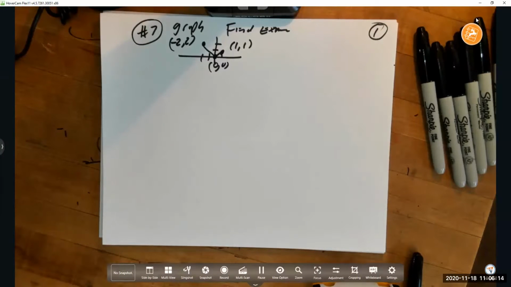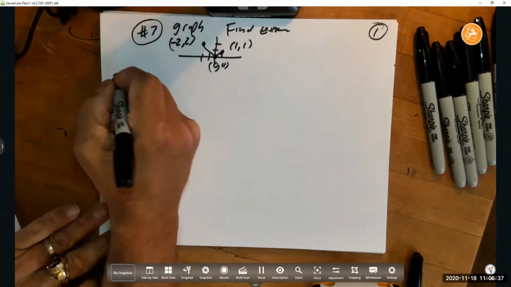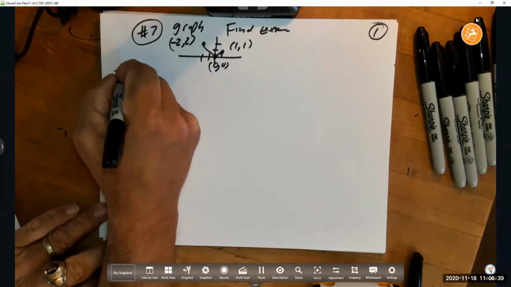Okay, so what I'm going to do is I'm going to go ahead and move it around all over the place. By that, I mean number 7a.